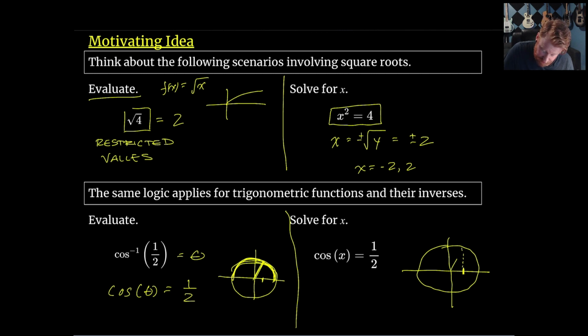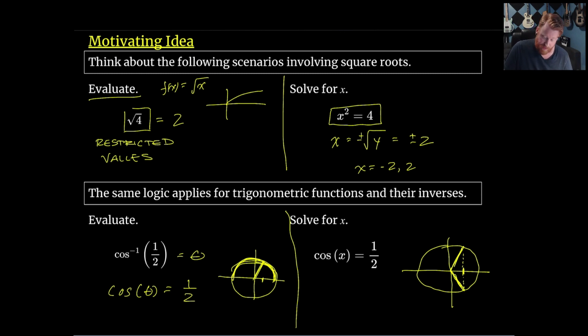There is still a solution, of course, in the top half of the unit circle, but there's also one in the bottom half that we might not have considered before because we were only evaluating inverse trig functions and we weren't solving trigonometric equations. So going forward, we need to think about these extra solutions that might be popping up that live on the unrestricted portion of the unit circle. I didn't write in the values here.